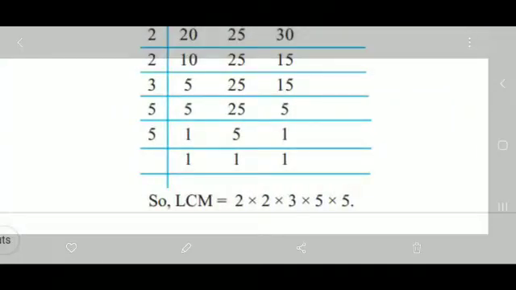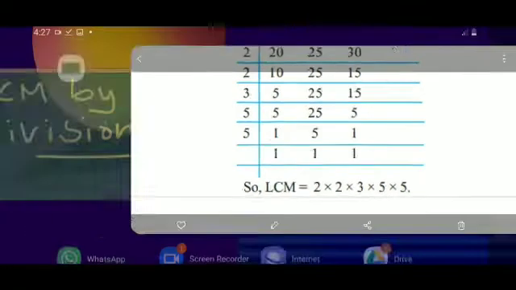Write this question: 20, 25, 30. The same you can write like this, children.